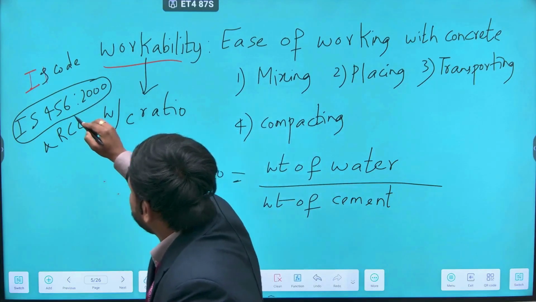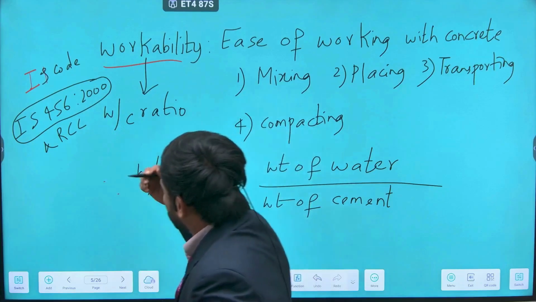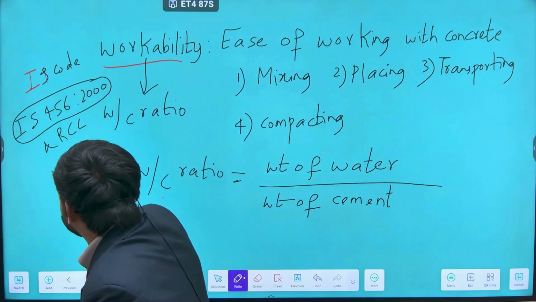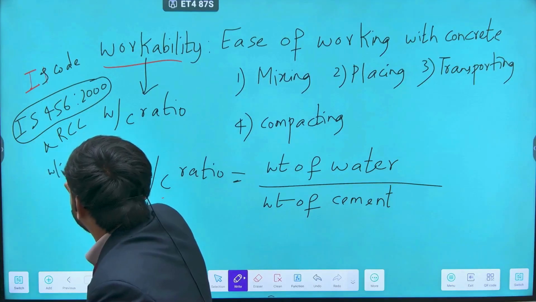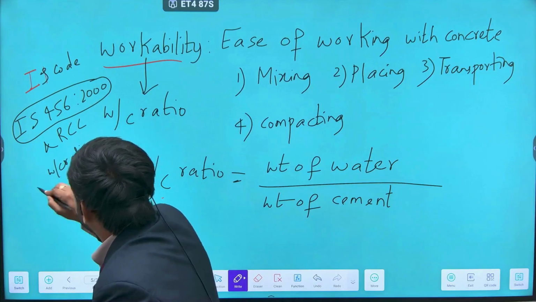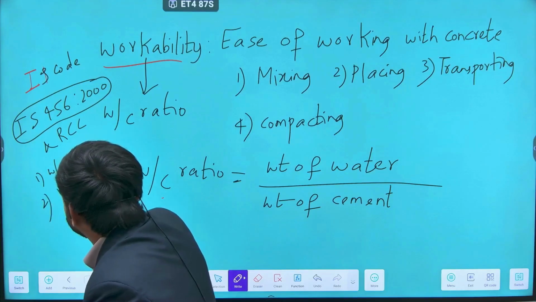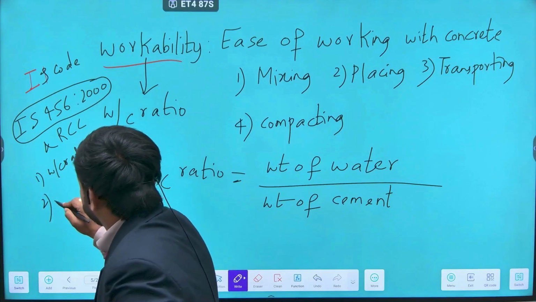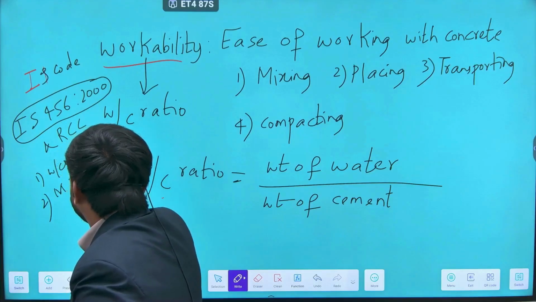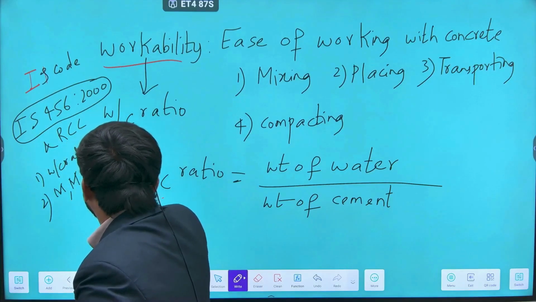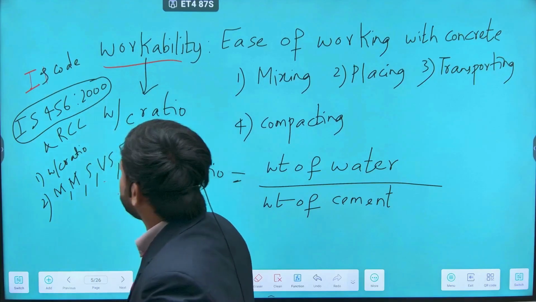So the IS code will recommend how much water cement ratio you need to add based on different environmental conditions. Is it mild, moderate, severe, very severe, extreme, like that?